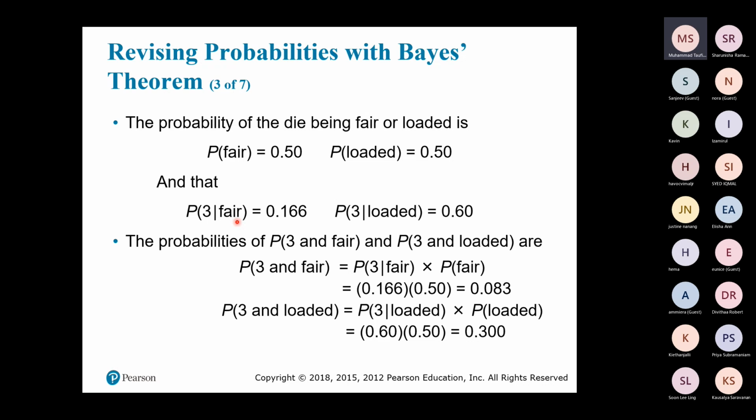The result of getting number 3 is independent from which die you pick. So the probability of getting number 3 when you pick a normal die is 0.166, because this is an independent event.